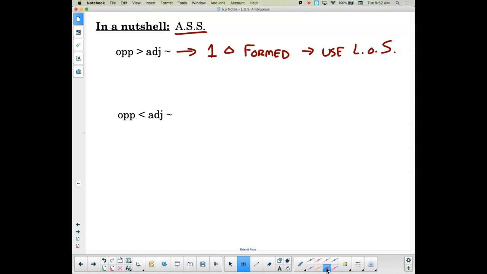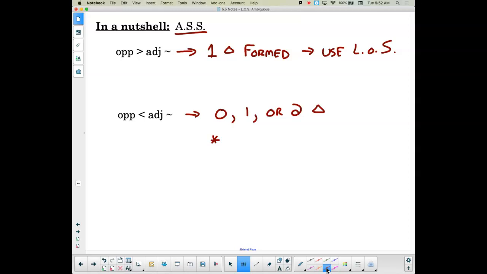If the opposite side is smaller than the adjacent side, then we could have 0 triangles, 1 triangle, or 2 triangles. So we've got to do some more checking. The first check that you're going to want to do is, what is your angle?